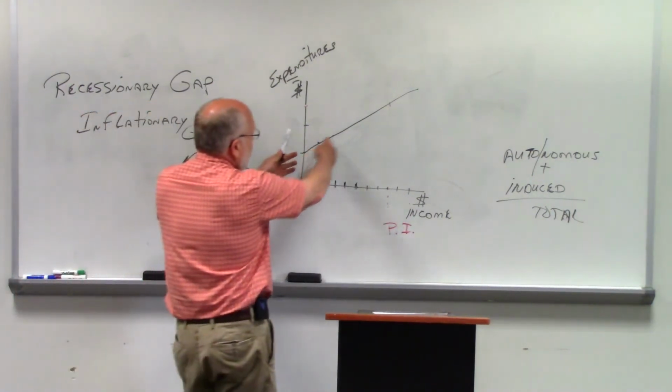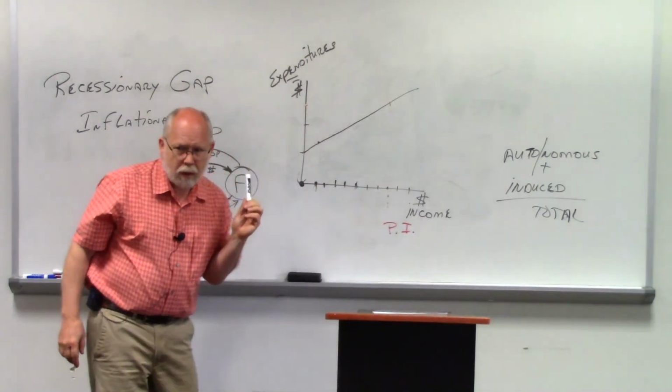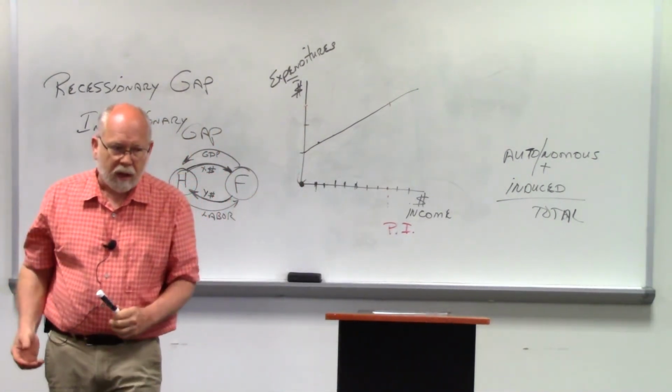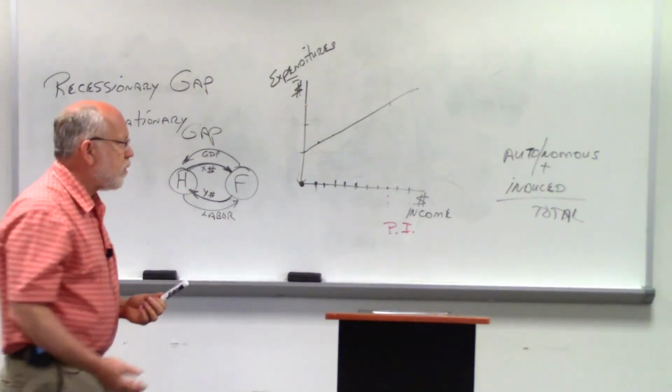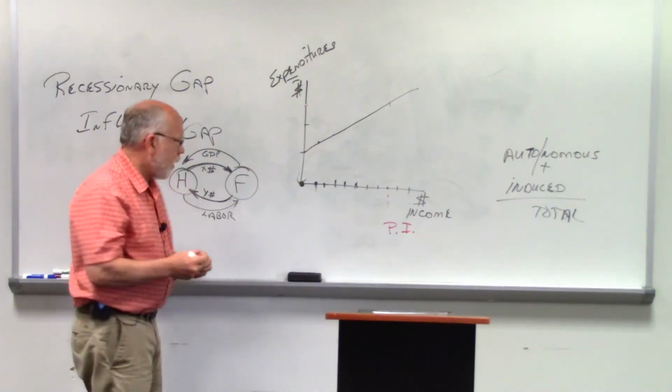So this line here is called the consumption function, according to Keynesian terminology, and he put it in the form of an equation.